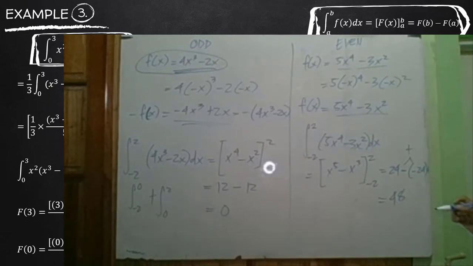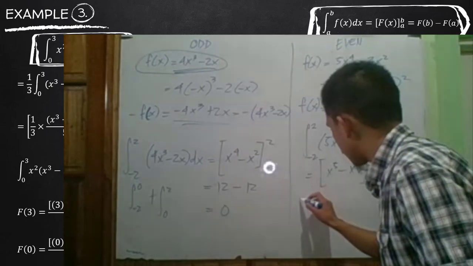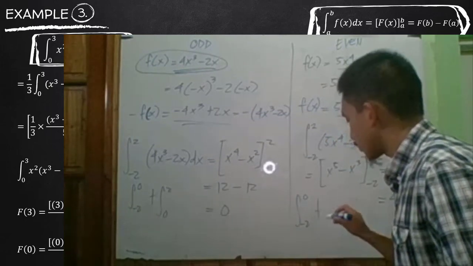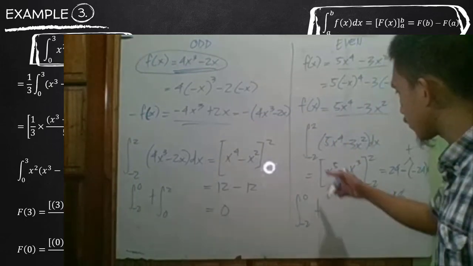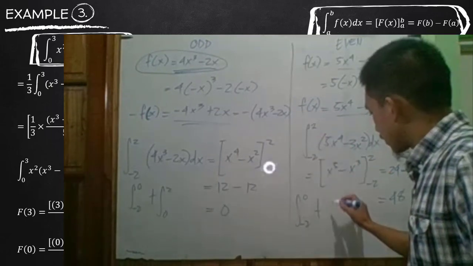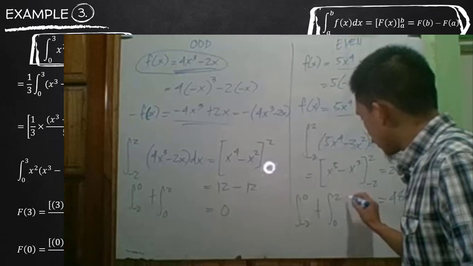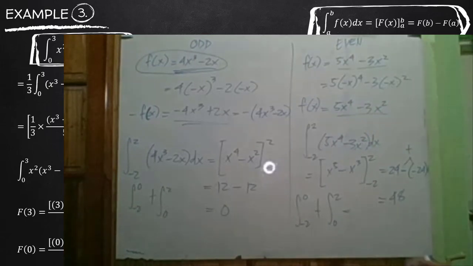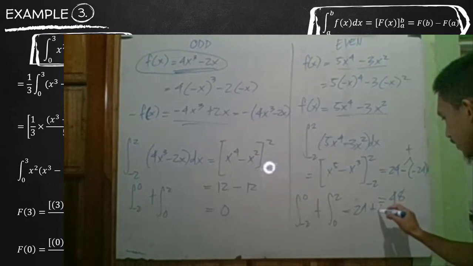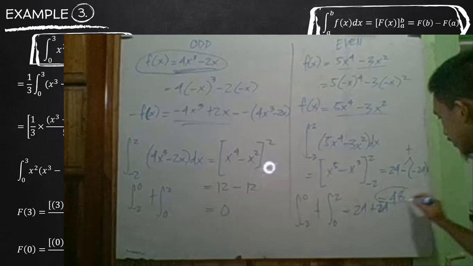So you can consider it from negative 2 to 0. You will use your third property. You can break it down, you can consider a number in between, let's say the middle, 0. You can get the 0 to 2, and then try to substitute that. You will end up with 24 plus 24, which is still 48.